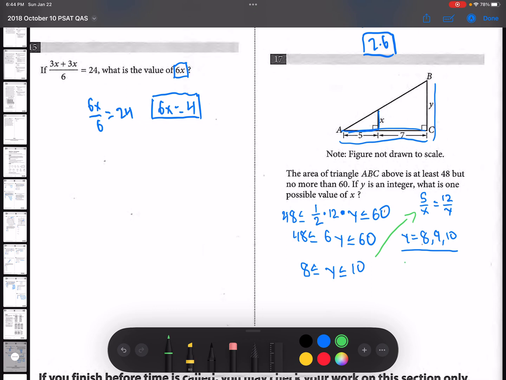So 5 by x is equal to 12 times, let's just take 8. So that means 12x is equal to 40. And x is equal to 40 by 12, which is 20 by 6, which is 10 by 3. 10 by 3 is also equal to 3 1/3.